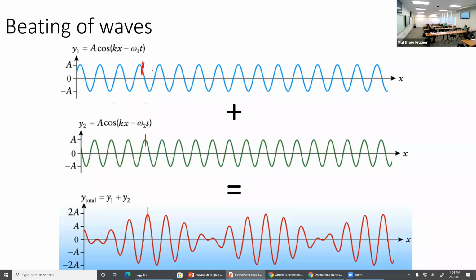At those points, you're adding two peaks or two troughs together, and so you get this amplified effect. Whereas here, where it's basically zero, you're adding one peak and one trough.